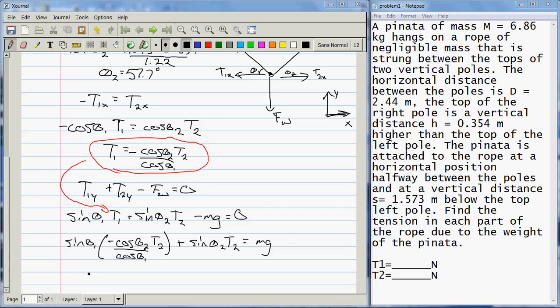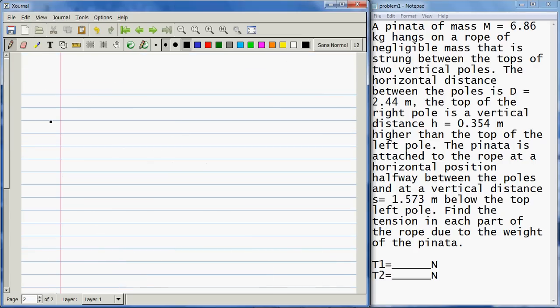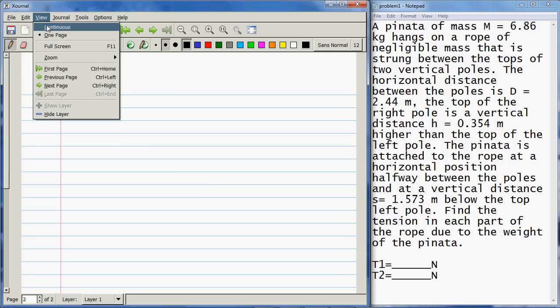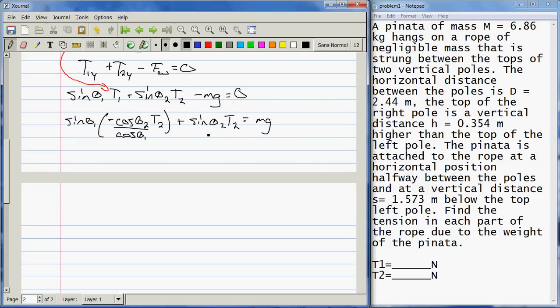So now I want to solve for T2. You can do this by taking the T2 out of the equation and separating as if T2 was some constant.